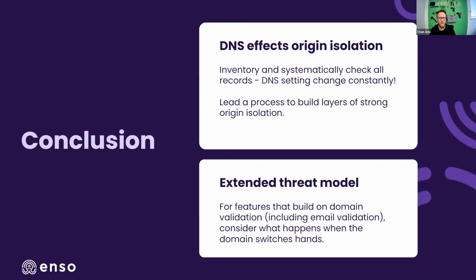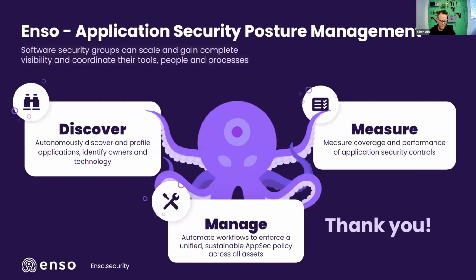We need to systematically inventory all our relevant assets and lead the process to build layered origin isolation, which also includes, as an important part, extending your view and your threat perception to include this threat under your scope.